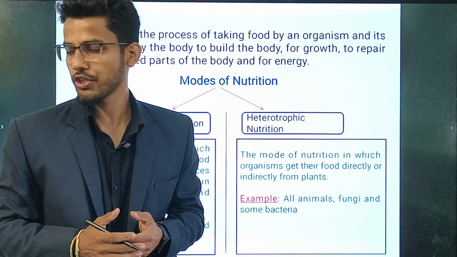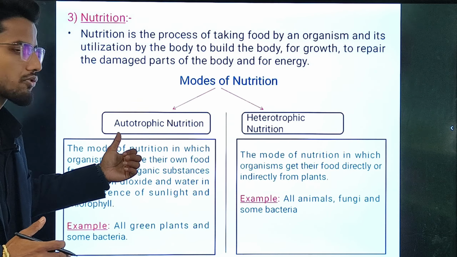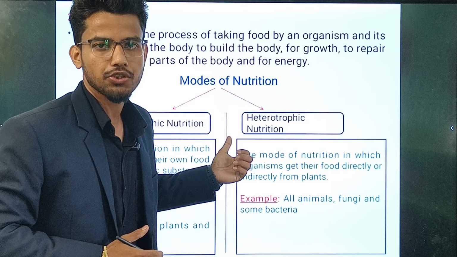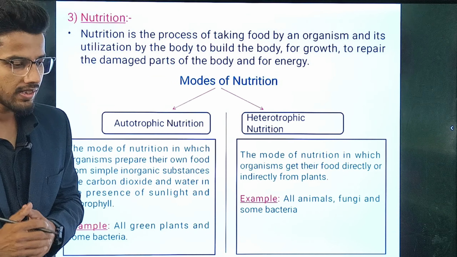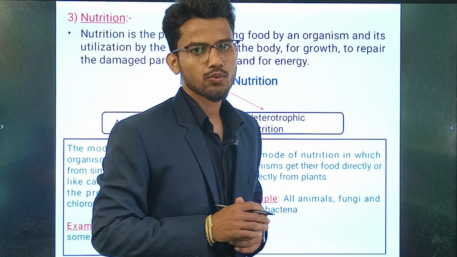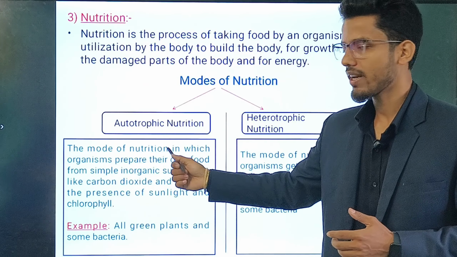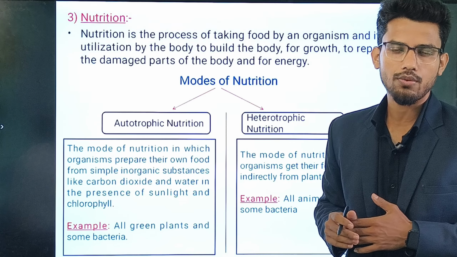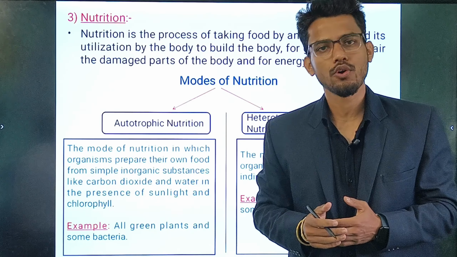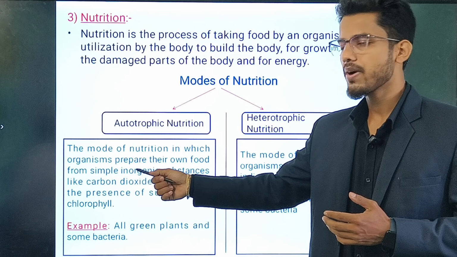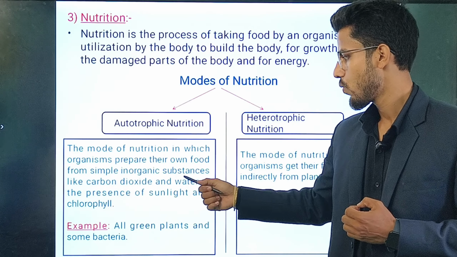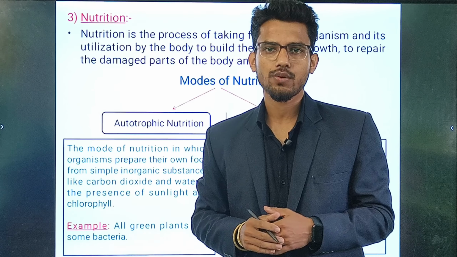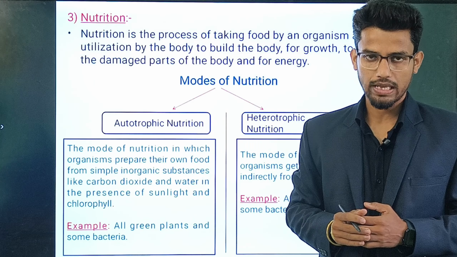The modes of nutrition are autotrophic nutrition and heterotrophic nutrition. In autotrophic nutrition, these organisms are capable of making their own food from simple inorganic substances like carbon dioxide and water, in the presence of sunlight and chlorophyll.